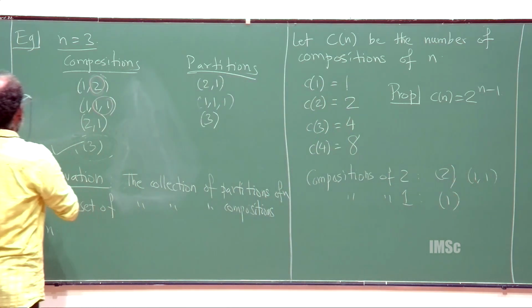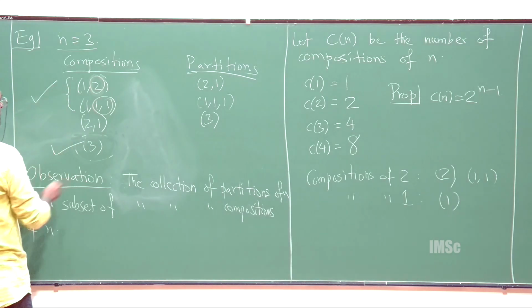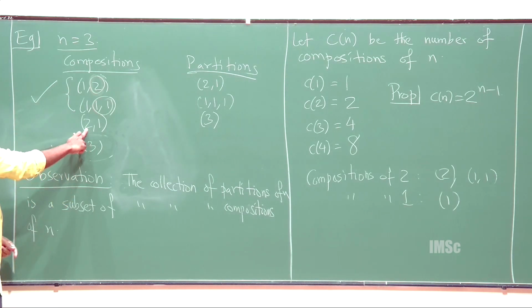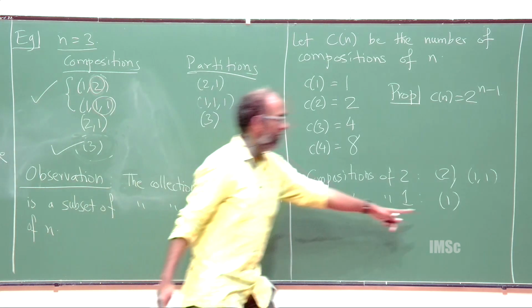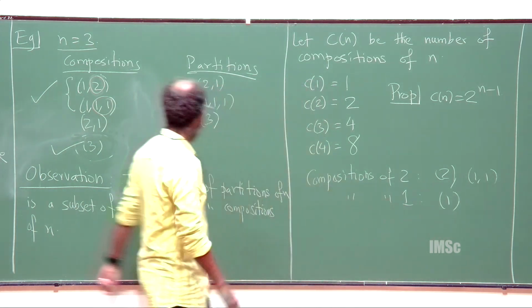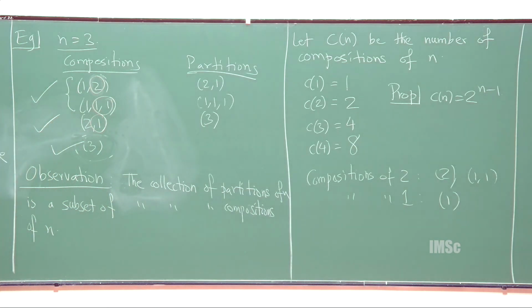So this takes care of these two. Or you start with 2 and then you have a composition of 1, and there is only one composition of 1. So that is this. Okay, is the idea clear? Everybody is okay with it?